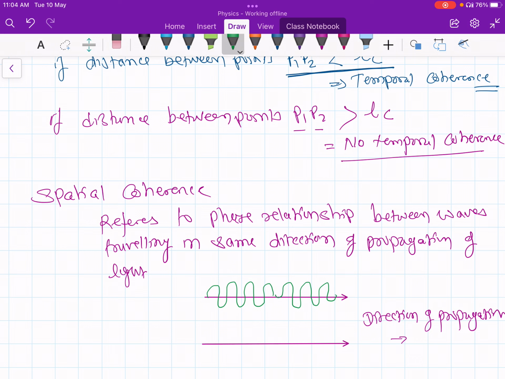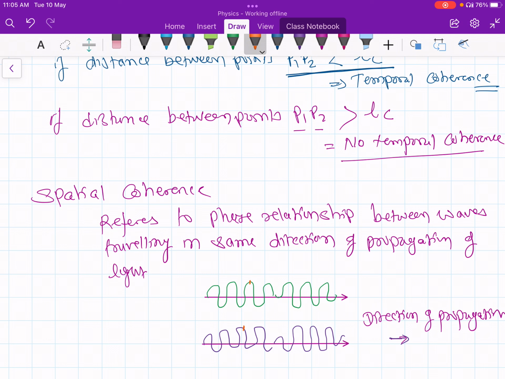This is one wave, and this is another wave, traveling in this direction. Now here I am considering any two fixed points in a plane which is perpendicular to the direction of propagation of light. For example, I am considering this point over here and this point. Any two fixed points on the two waves.